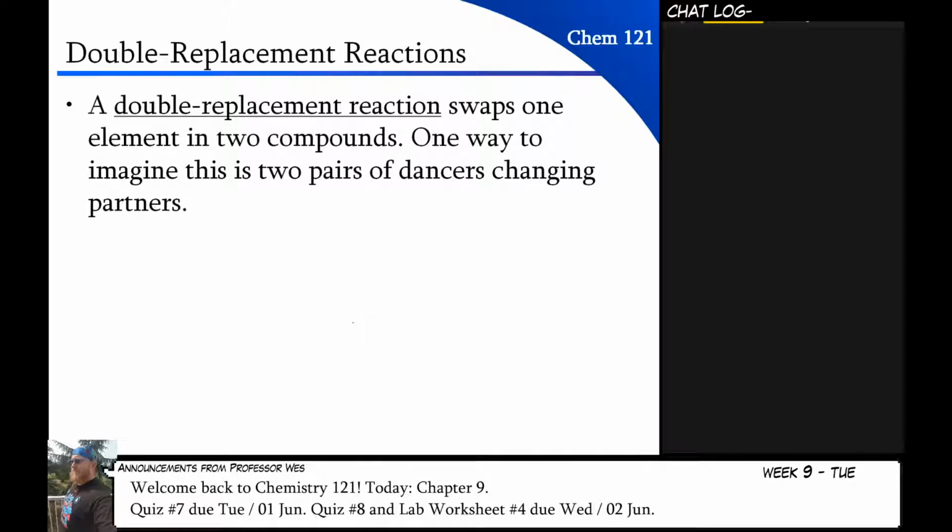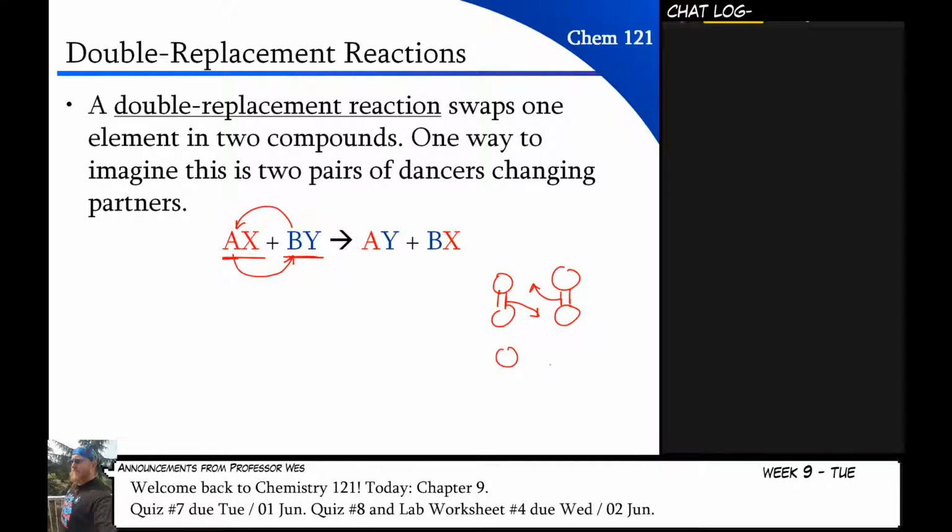For the double replacement reaction, we're going to swap both compounds here. So here's the first compound, here's the second compound, and I'm going to swap A and B. Now, a way that you can imagine this is that you have two dancers, or two pairs of dancers. So here's my two dancers, and here's my two dancers, and they're holding hands or something. And then this one's going to trade to this person, and this one's going to trade to this person, so that now this is going on.